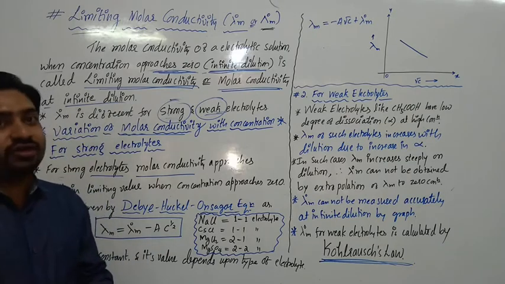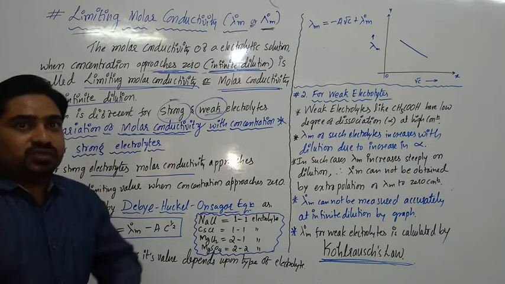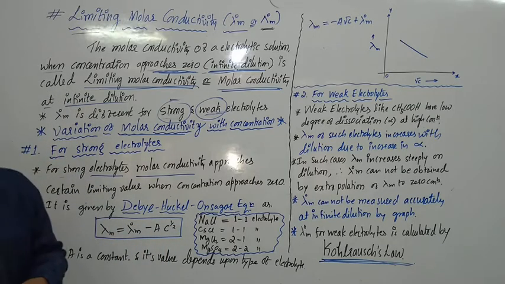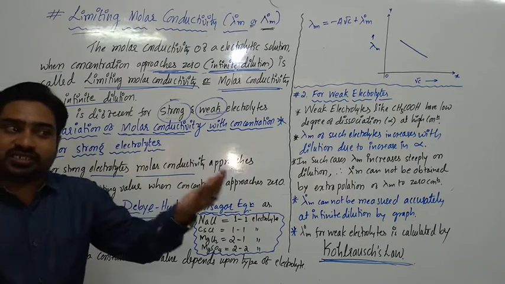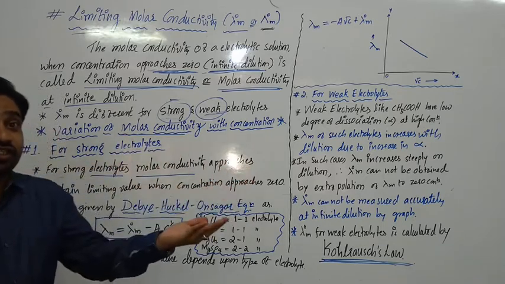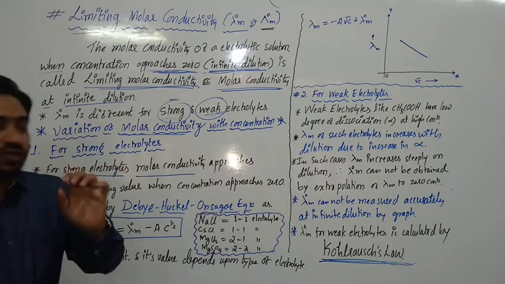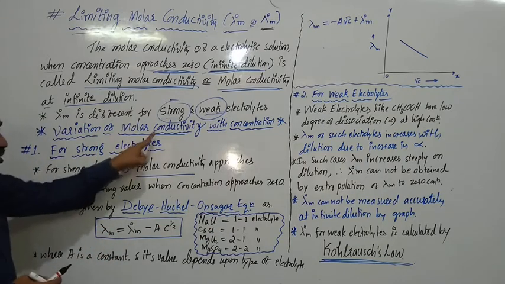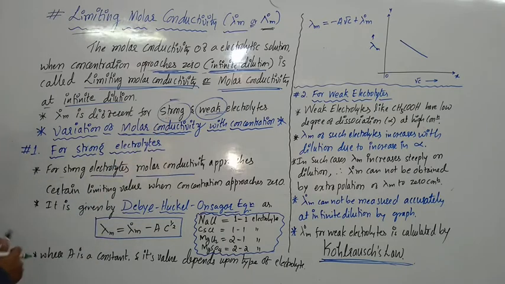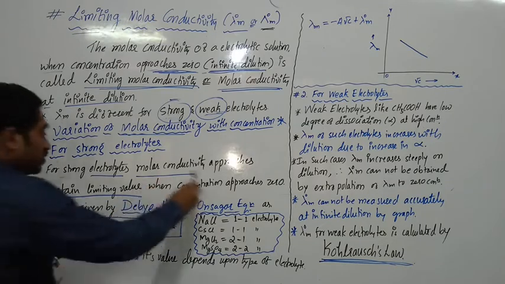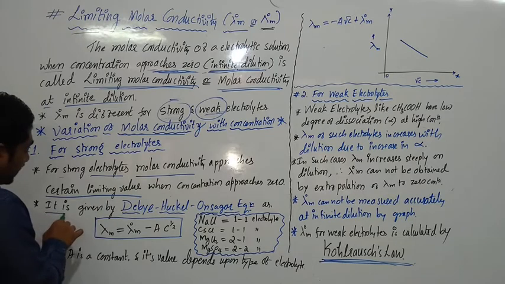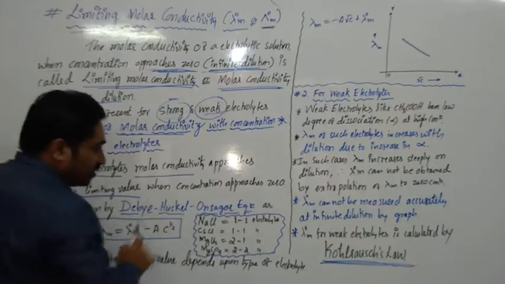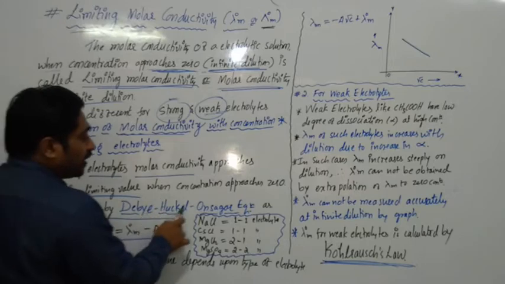If I keep on diluting that electrolytic solution, the concentration reaches 0, and at that point the conductivity of the strong electrolyte has a certain limiting value. The limiting value of the strong electrolyte at infinite dilution is given by an equation known as the Debye-Huckel-Onsager equation.